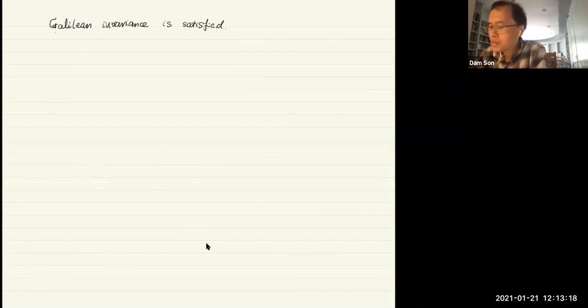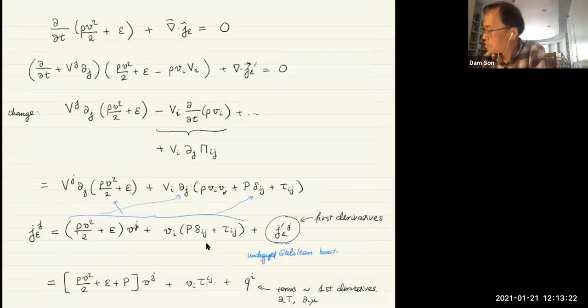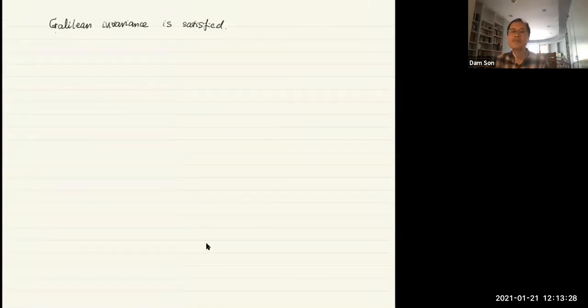It remains for us to figure out the structure of these terms with first derivatives, and how many independent kinetic coefficients, that is, how many first derivative structures we can write down. That requires an analysis of entropy production.